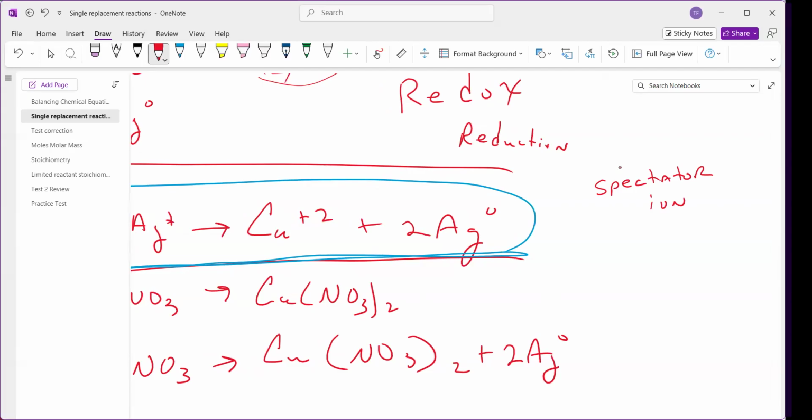You don't hit the ball, you don't catch the ball, you don't do anything. You just watch. That's what spectator ions do. They don't participate at all in the reaction. If they change at all, they're no longer a spectator ion. By definition, spectator ions have to be unchanged through the process.